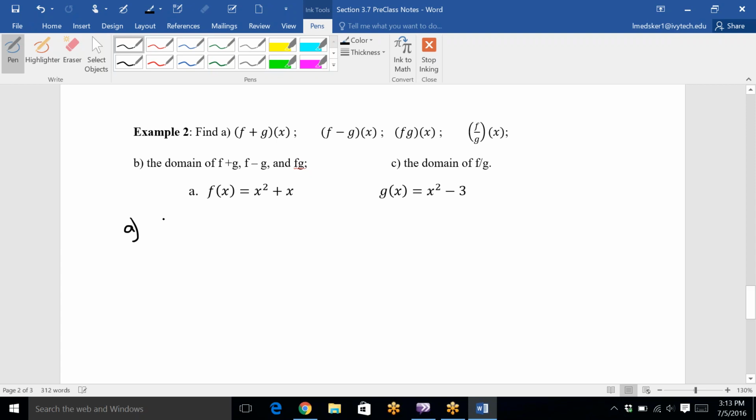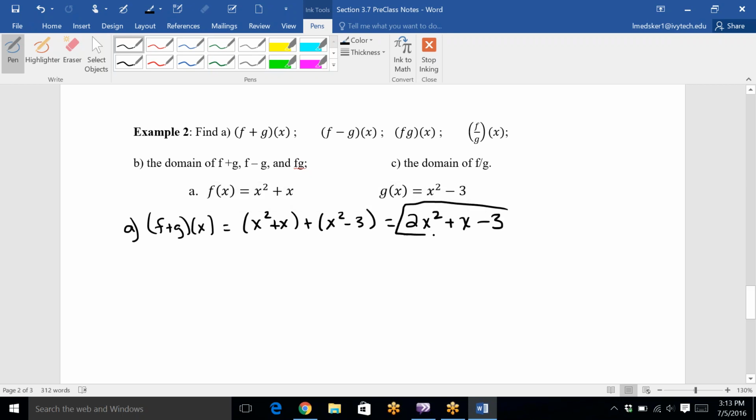So we're going to do f plus g of x, which means take the first polynomial, add it to the second one. If there's like terms, go ahead and combine them. This would be 2x squared plus x minus 3. Okay.